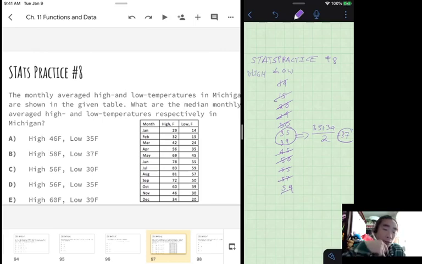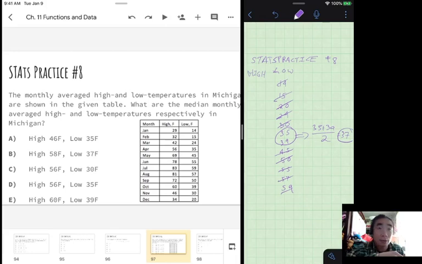For the ones that I showed, I did the low temperatures. I sorted them first, and it could take some time. As I cross things off, you see that I get 35 and 39 as my 2 center numbers. When you add them up and divide by 2, you see that the median for the low temperatures is 37.